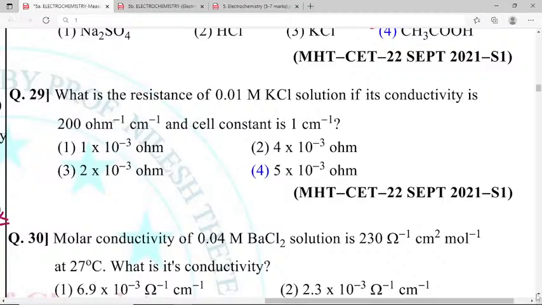What is the resistance, concentration given? Conductivity K is given, and cell constant is given. So what is the resistance? R is equal to question mark. So what is the formula?